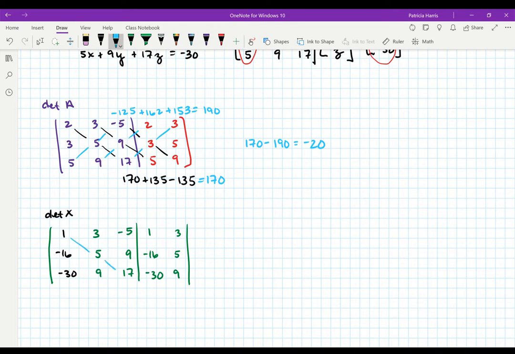diagonals. 17 times 5. $810 negative. Let's see, 5 times 16 is 80. 80 times 9. $801. And that's positive. Now we're going to go up.